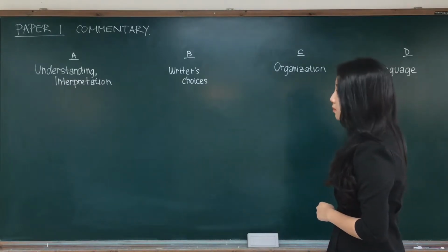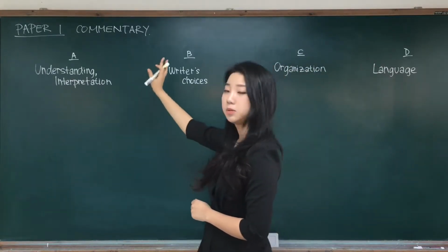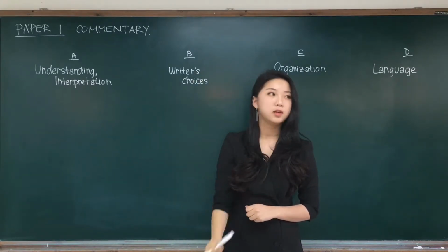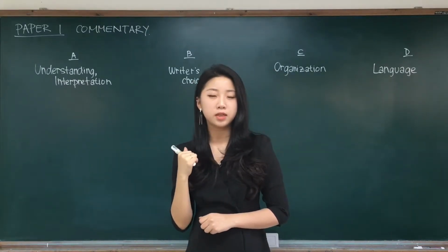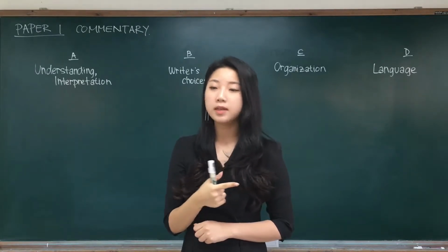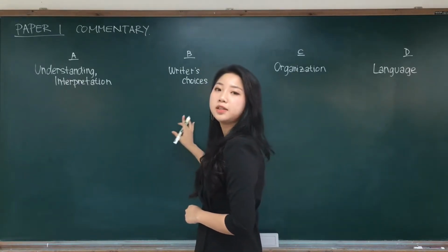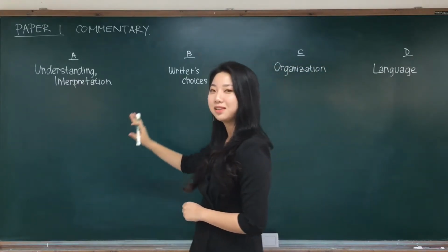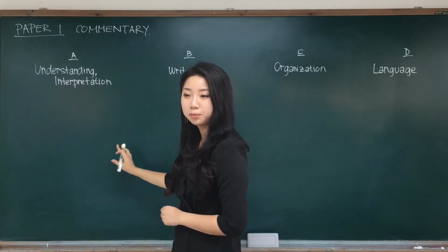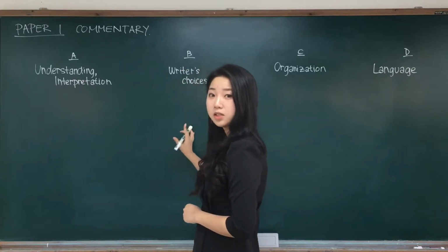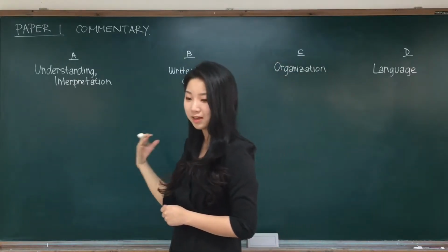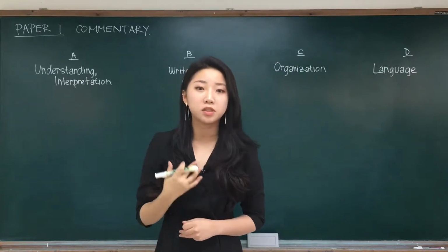For the Paper 1 commentary, you're given a choice of 2 different texts, namely poetry and prose. A lot of students, when making the decision, usually like to choose the prose passage, because it is longer than the poem, and they think the poem doesn't really have much to talk about.